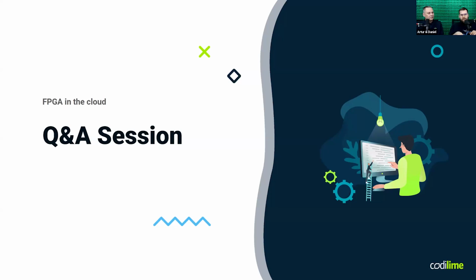We took the hBPF project, which is a hardware implementation of eBPF, and integrated it with the Amazon framework. The PMD is responsible for communication through PCI with our hBPF on the FPGA.